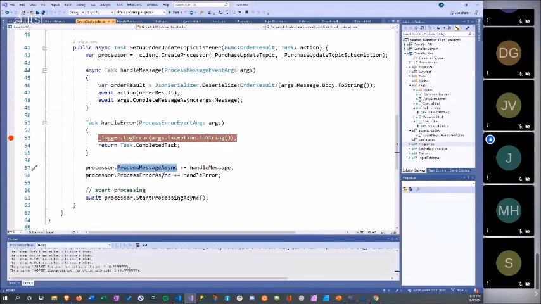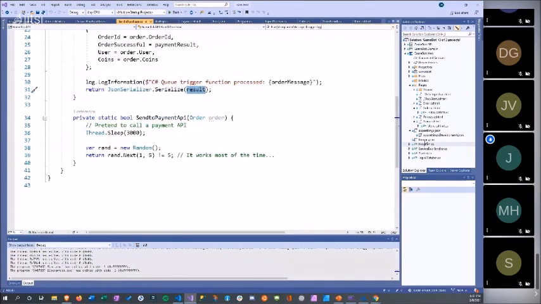So we add it to this process message async and process error async. So if you remember event handling from back in the day, this should be pretty familiar to you. And then we start processing asynchronously, and this is what kicks off the processor. So when we boot up the application, it sets up this loop and it just keeps it going. And so as topics come in, they get processed.